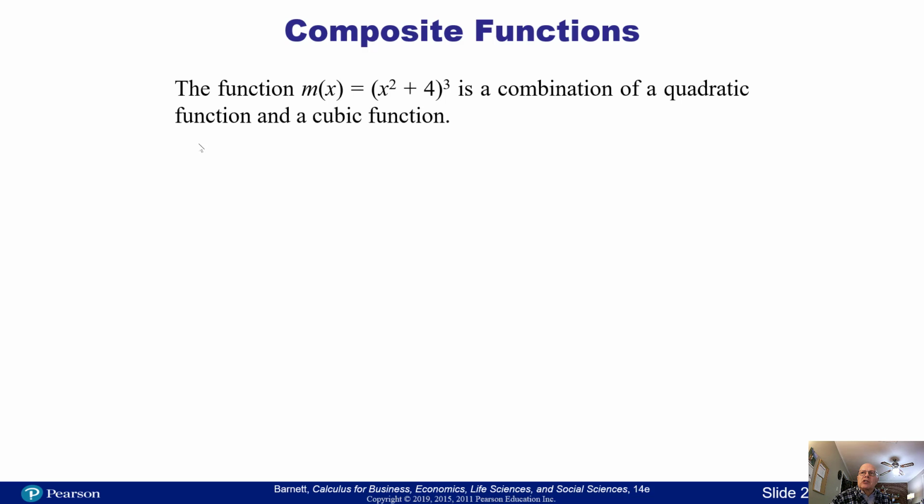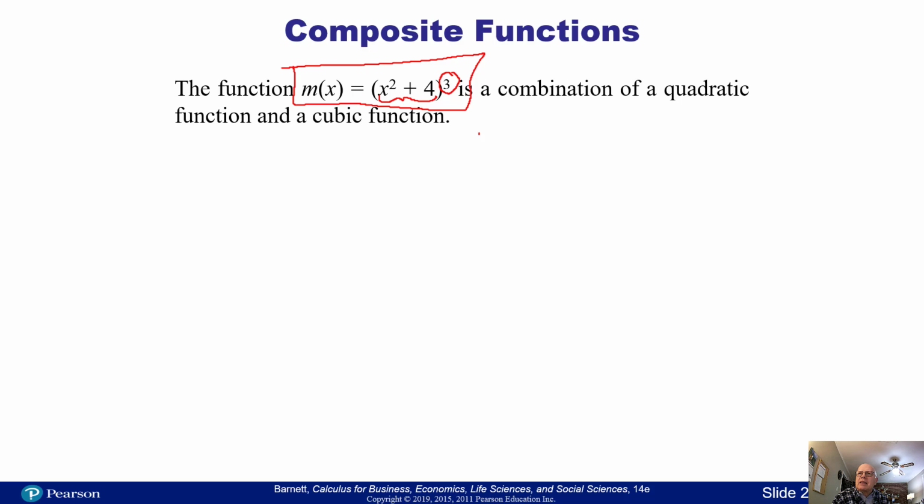So here we've got a function. You can tell that it is a composite function because the outside function is a cubing function. The inside function is x squared plus 4. So we've got a composite here, a function inside a function.